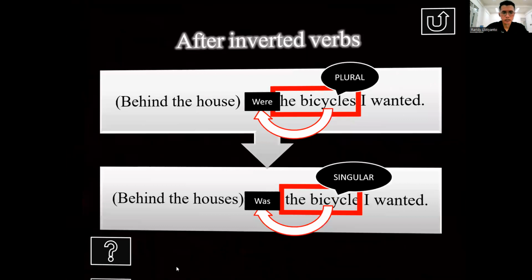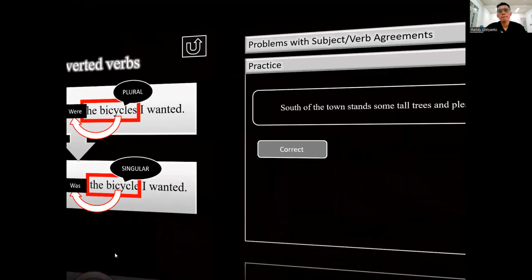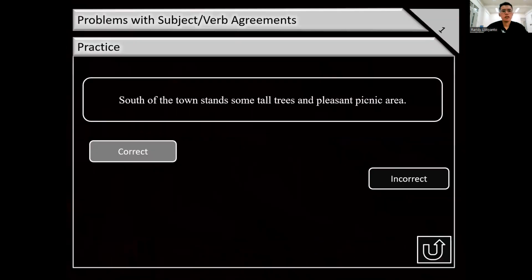Okay, let's try the practice. Problem with subject and verb agreement. South of the town stands some tall trees and a pleasant picnic area. South of the town here: is it the verb or the subject?